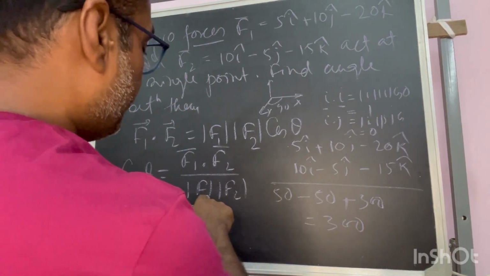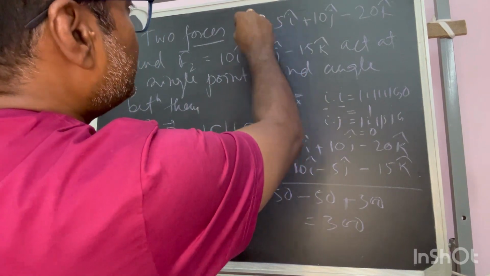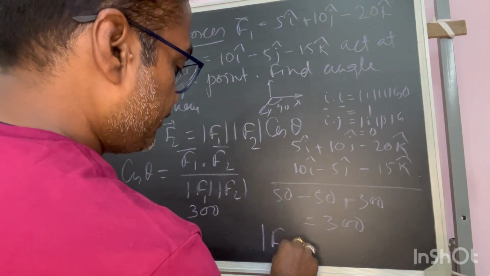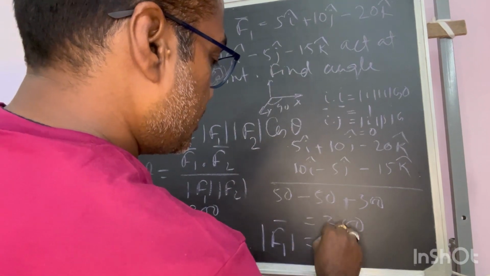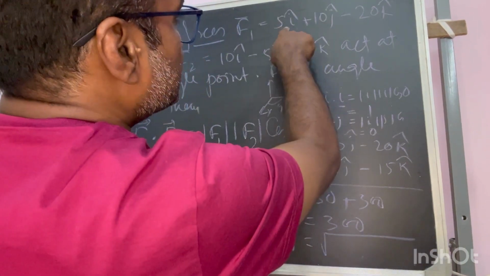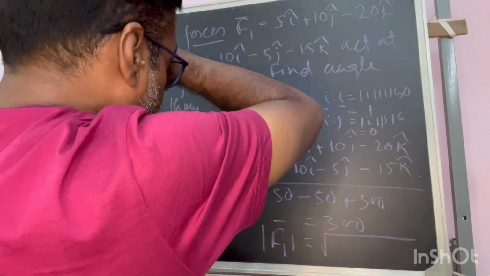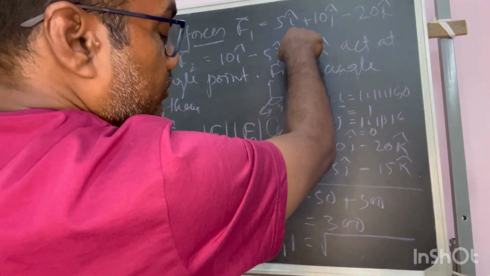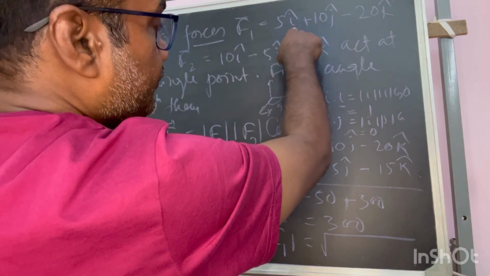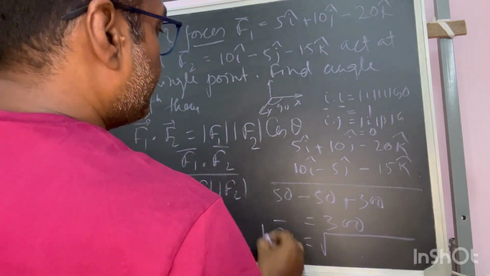Now the magnitude of f1 is how much? The f1 vector magnitude will be the under root of x square plus y square plus z square, the scalars which are associated with the unit vectors. How?